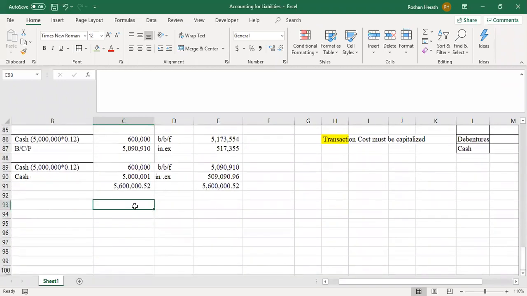Right? So remember, effective interest rate equals the IRR or the real cost of the instrument. Like the real return of a project, that is IRR, EIR, that is the effective interest rate, that is the real cost of the instrument.